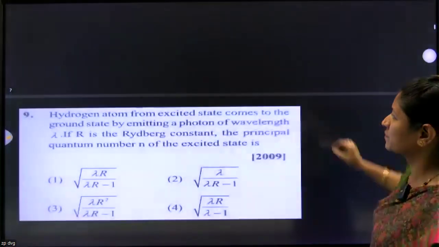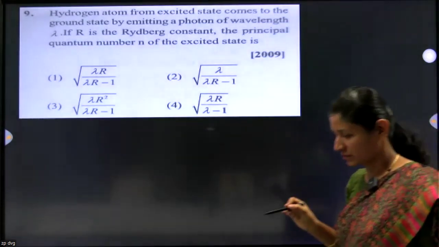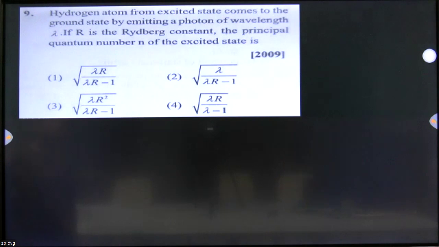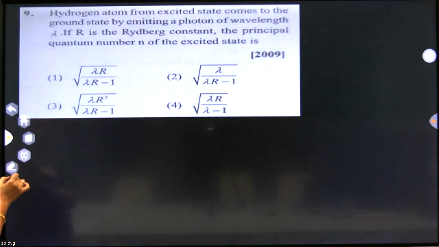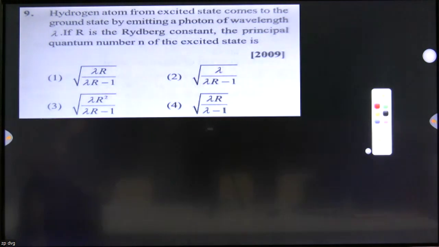Next question. A hydrogen atom from an excited state comes to the ground state by emitting a photon of wavelength λ. If R is the Rydberg constant, the principal quantum number n of the excited state is?